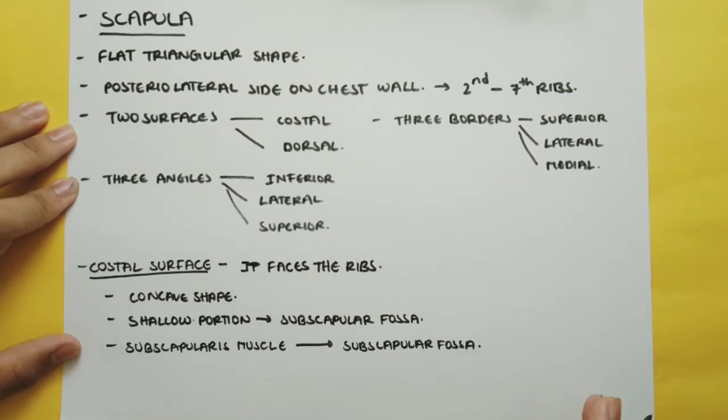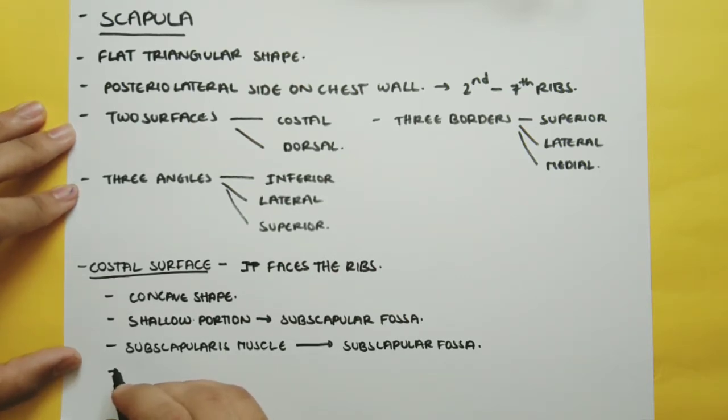The subscapularis muscle arises from the subscapular fossa. It covers all the costal surface. The subscapular fossa is a shallow portion because it is for the attachment of the muscle subscapularis.